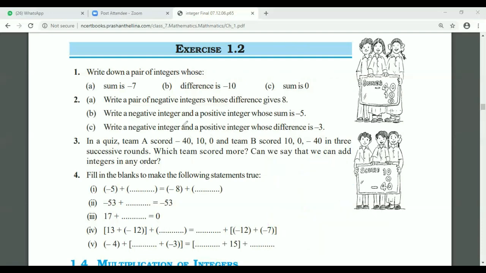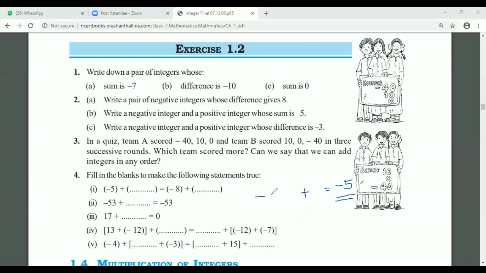Next, question number B. Write a negative integer and a positive integer whose sum is -5. We want to find a negative integer as well as a positive integer. The answer has to be -5. How will it happen? If you are getting a negative answer, the negative value must be more.